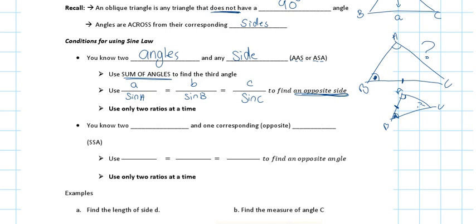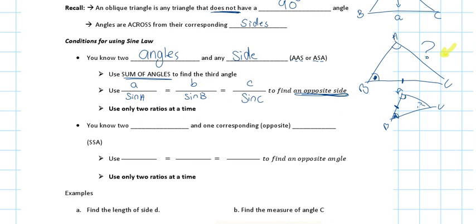Okay? Can I have your attention on the board for a second? So in this example right here, okay, I know angle A, and I know side A. And I know angle B, and I'm looking for side B, okay?